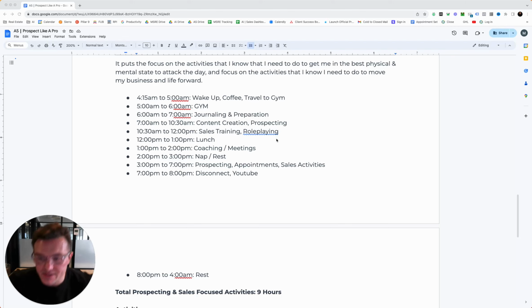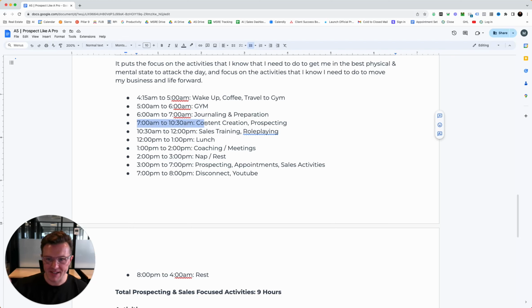Because for us, as realtors, as business owners, as entrepreneurs, there's a million things that we can do with our day, but there's only so many things that are going to have the highest yield on our time, right? We want to focus on the conversations we need to have, and the activities that are going to move the needle forward the farthest and generate the most revenue for our business. Okay. So I prepare for that to make sure I set the intent of what I'm going to focus on.